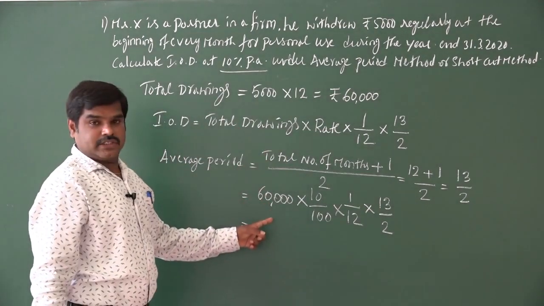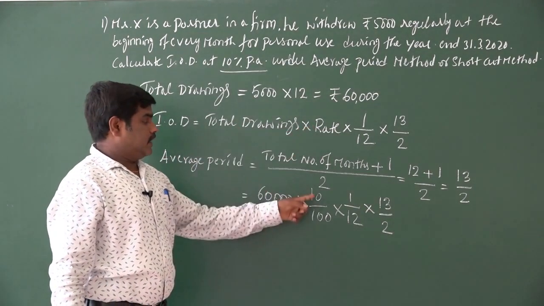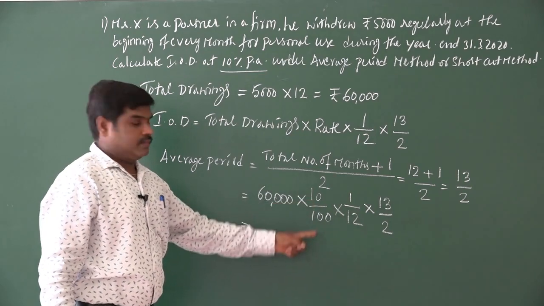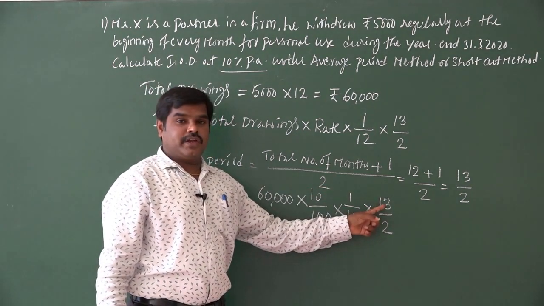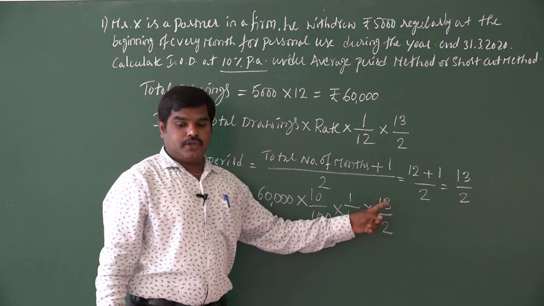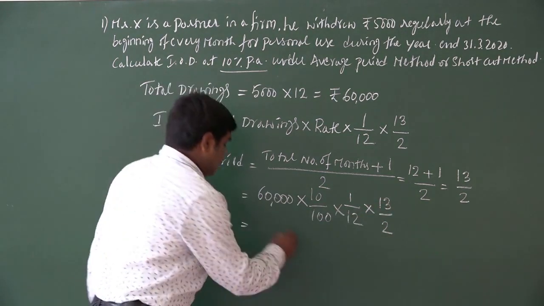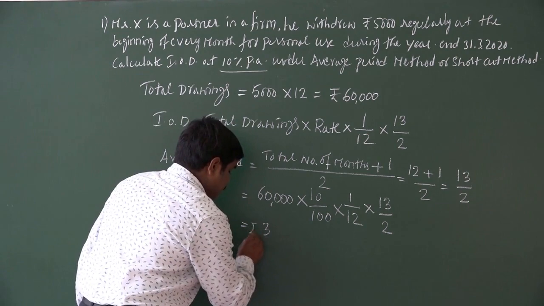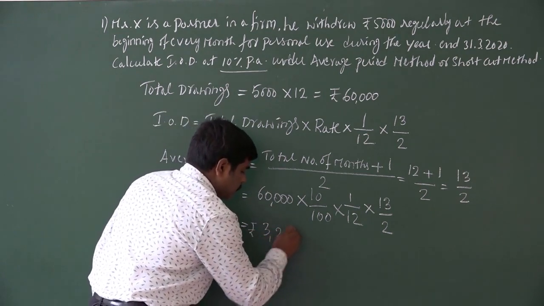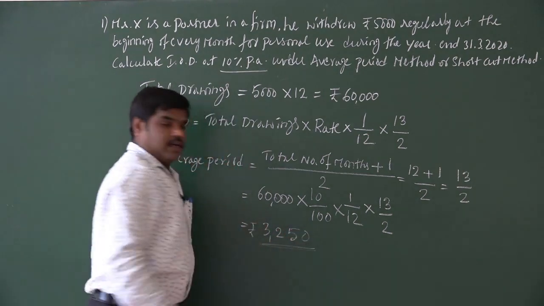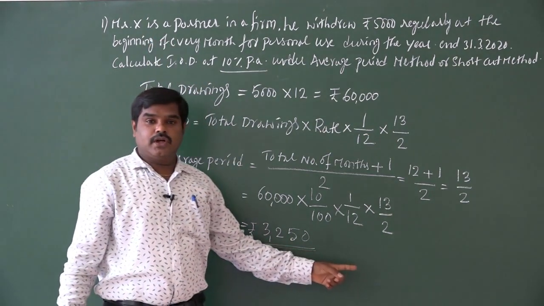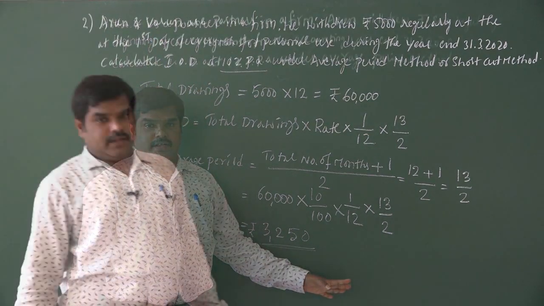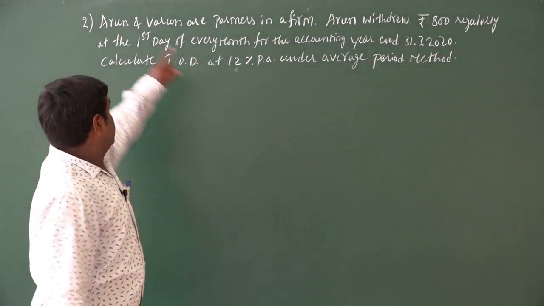Total drawings is 60,000, rate 10% into 1 over 12 into average period 13 divided by 2. If you calculate, you are going to get the answer rupees 3,250. So interest on drawings of Mr. X is rupees 3,250. We'll go to the next problem, problem number 2.